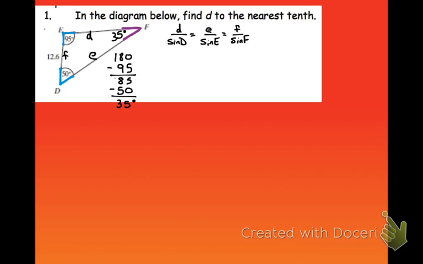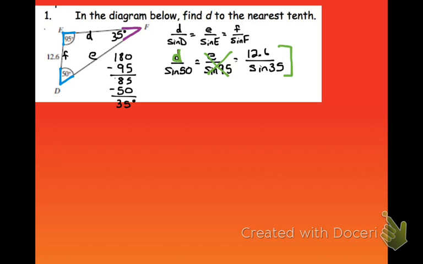Well, I know that angle D is 50 degrees, but I don't know the side, so it will be d over sine of 50 equals, I don't know e, so I would leave it, over sine of 95 equals, I do know f, which is 12.6, over sine of 35. So I'm looking for d, so I need to keep that one in. And the other one that has both things is on the end here. So I'm not going to use this middle one at all. You'll only use two pieces of this in any given problem.